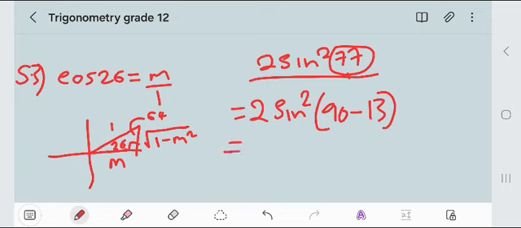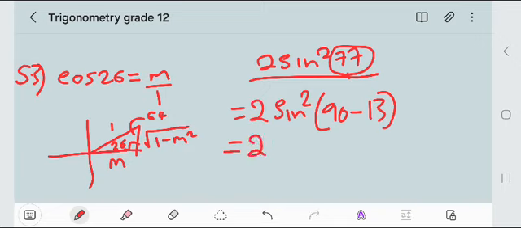Picture it as a cofunction, where our theta will be 13. Obviously, in the first quadrant, 90 minus this will be positive, and all trigonometric ratios are positive.